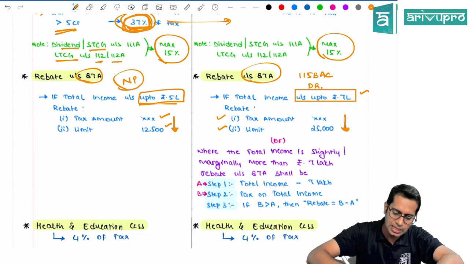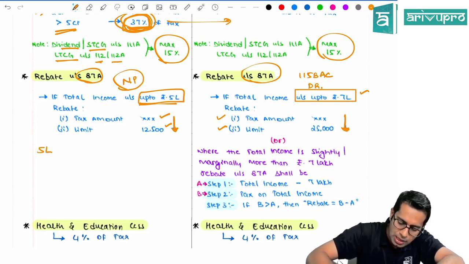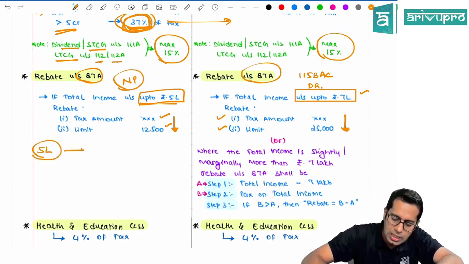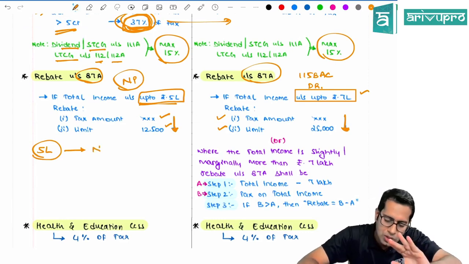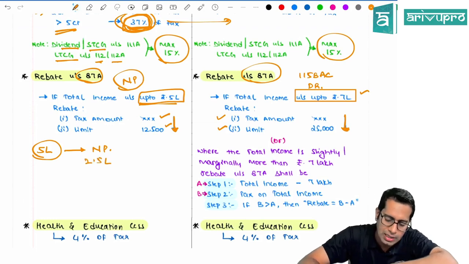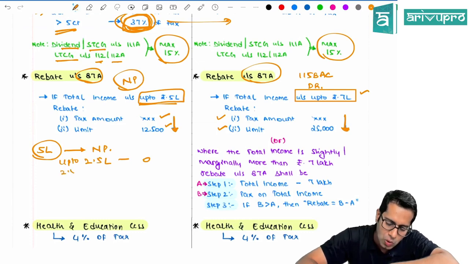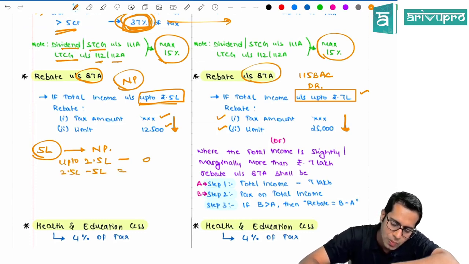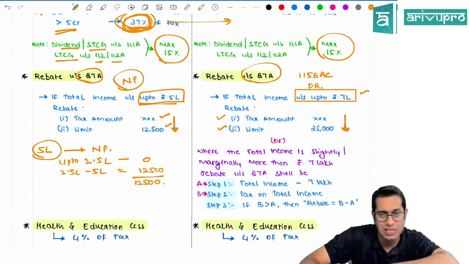So if a person's income is 5 lakh rupees, then under normal provision, what is the tax which he has to pay? Up to 2.5 lakhs, he does not have to pay anything. And from 2.5 lakhs to 5 lakhs, he'll have to pay 12,500. So 12,500 is the tax which he has to pay.